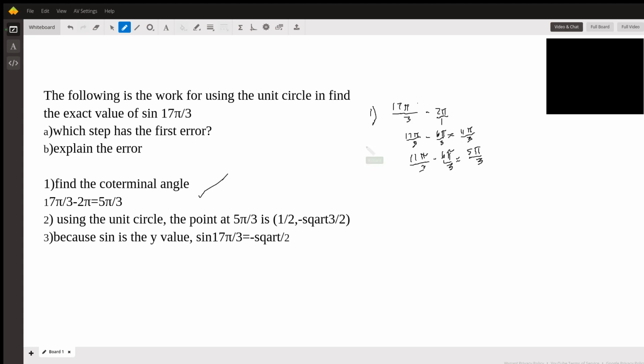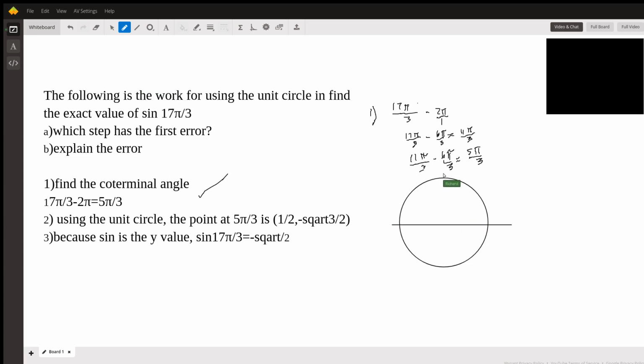Okay, so now let's look at the unit circle. And we'll do a little circle here. When I'm doing a unit circle, I like to start by putting in the x and y axis.